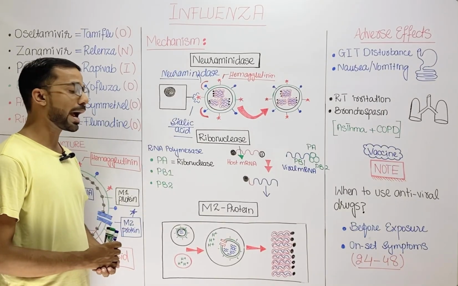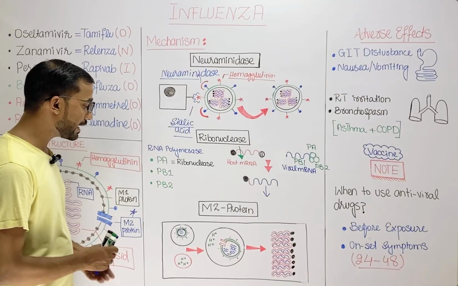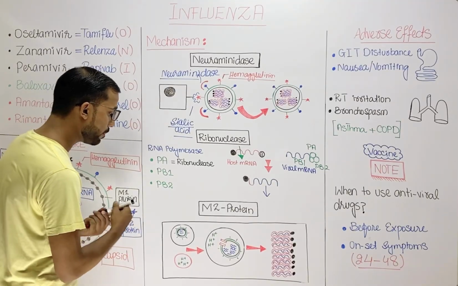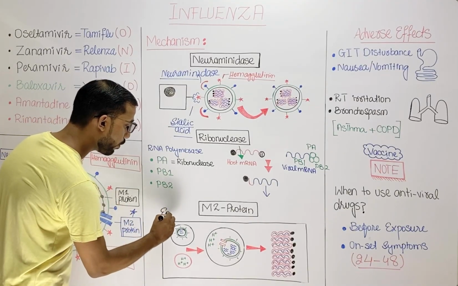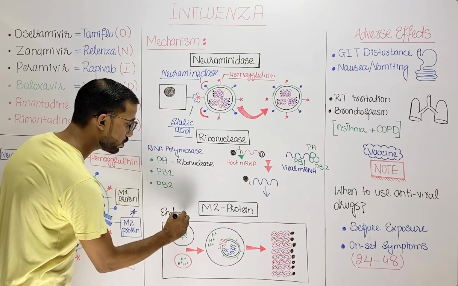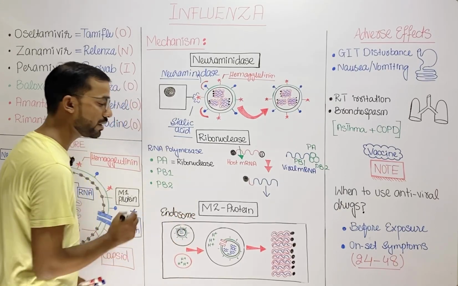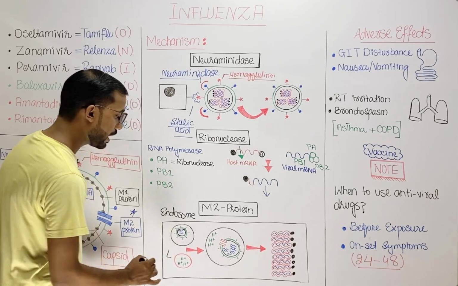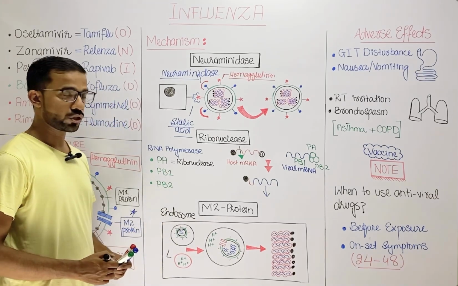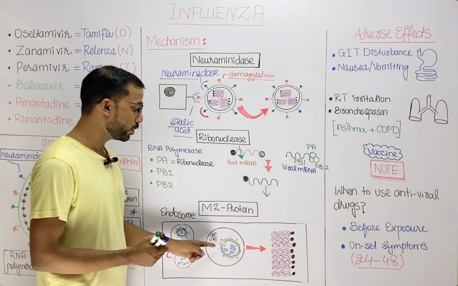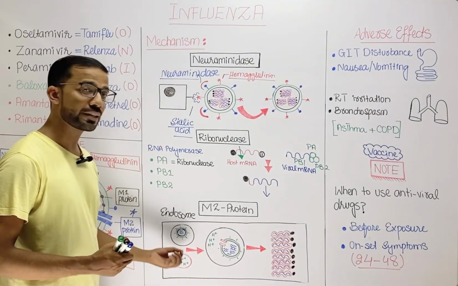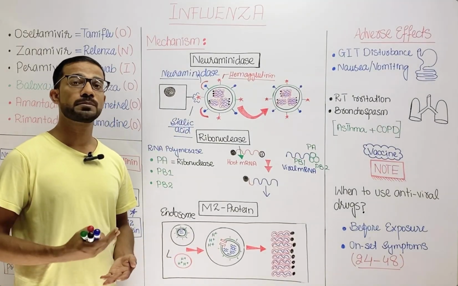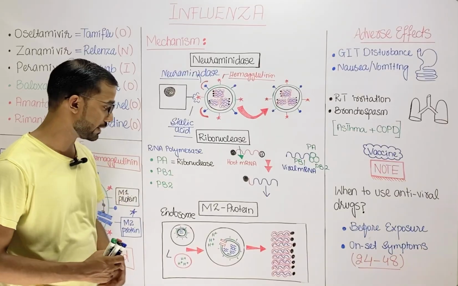And next is the M2 protein. In that case you will see an endosome having virus in it, and second is the lysosome. The endosome binds with the lysosome, and ultimately you will see the acidic condition, because the lysosome has acidic conditions, meaning more H positive ions in that case.